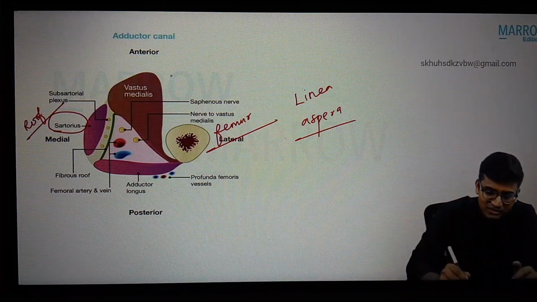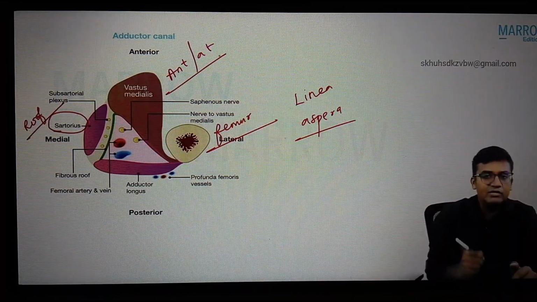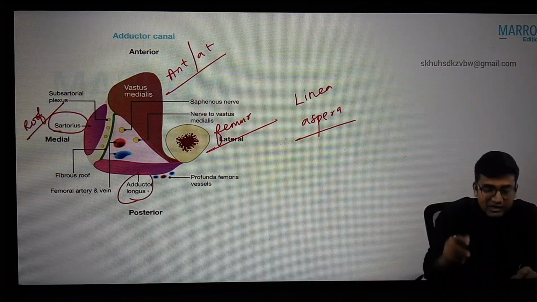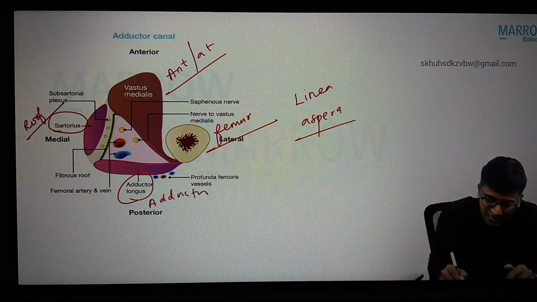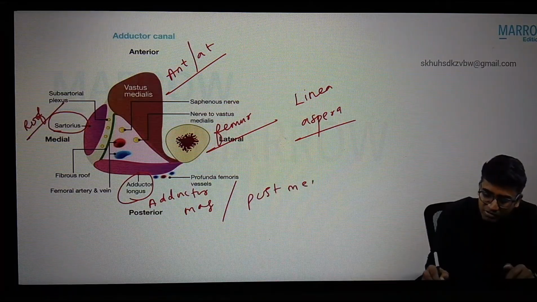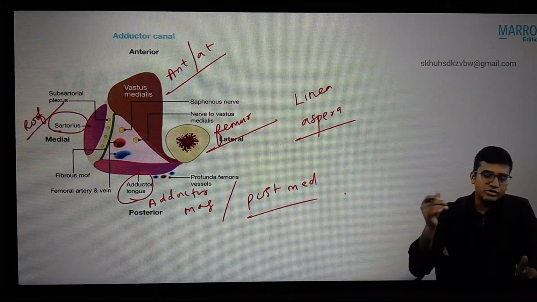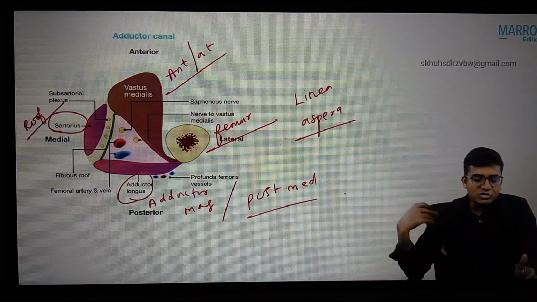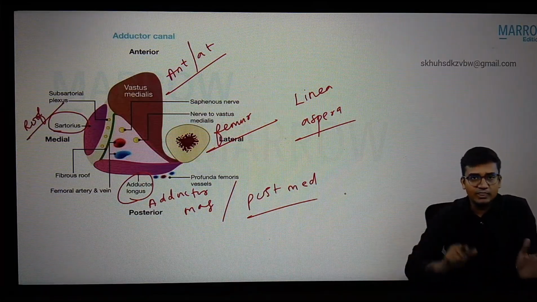So the vastus medialis muscle forms the anterolateral boundary of the canal, and the adductor longus muscle and below that the adductor magnus muscle form the posteromedial boundary of the canal. Okay. So what are the boundaries? In the roof, the sartorius muscle, anterolaterally the vastus medialis muscle, and posteromedially the adductor longus and adductor magnus muscle. This is the boundary of the canal.